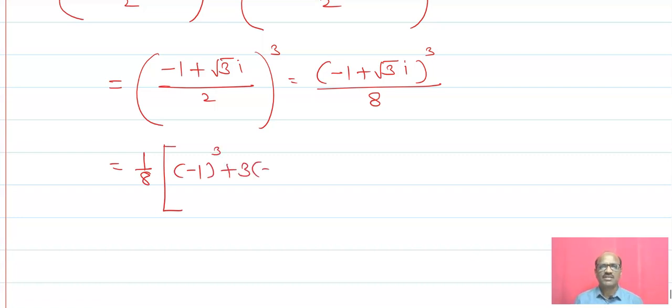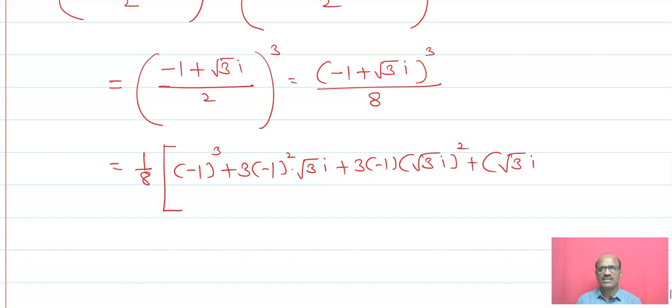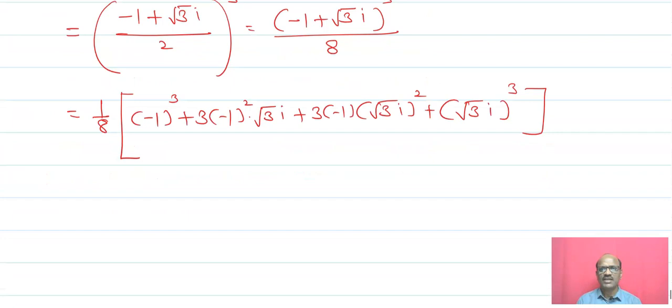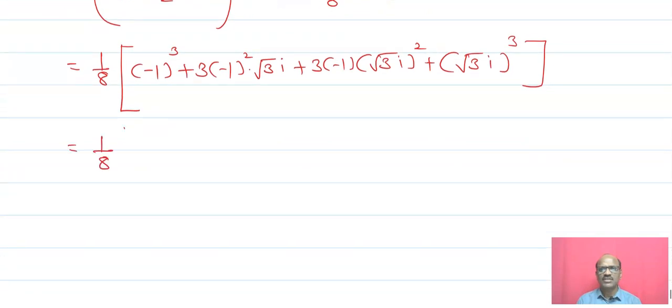Now expand this: a plus b bracket cube, that is minus 1 cube plus 3 into minus 1 square root 3i plus 3 into minus 1 into root 3i bracket square plus root 3i bracket cube.